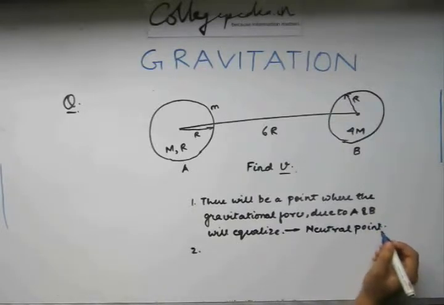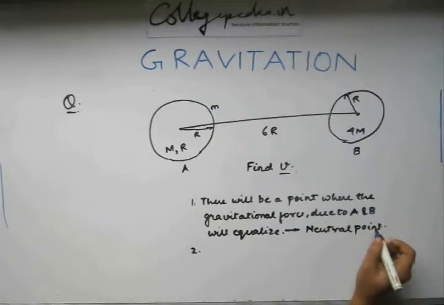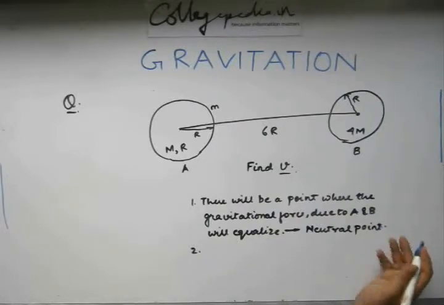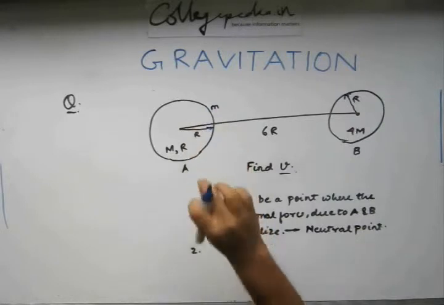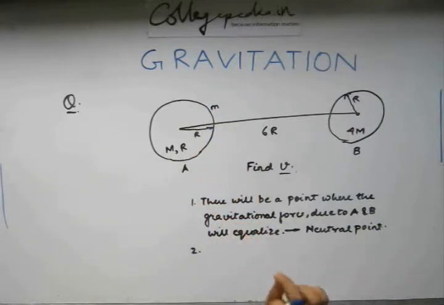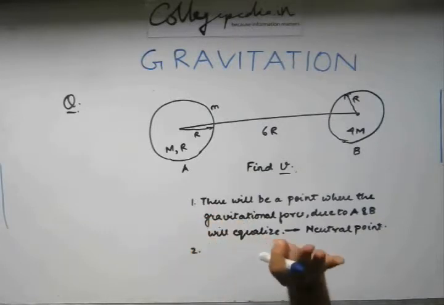The next point that we look into is that there will be a point which is the same as the neutral point. If we are able to deliver this small mass m to that point, we can ensure that it is just reaching the neutral point.